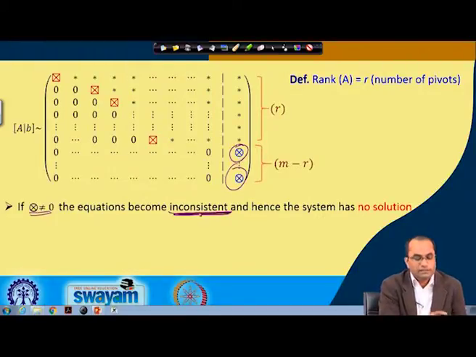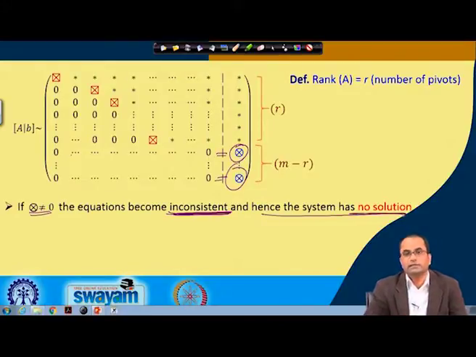Why inconsistent? Because we have the situation that 0 is equal to something non-zero, which we discussed in the previous lecture. So, if in our echelon form we get these as non-zero numbers, then the system is inconsistent, meaning that the system has no solution. That is the first identification we get from this echelon form.